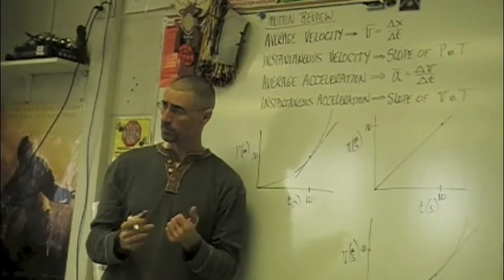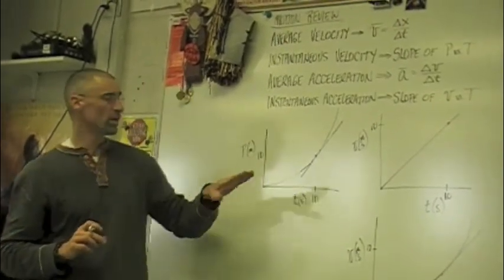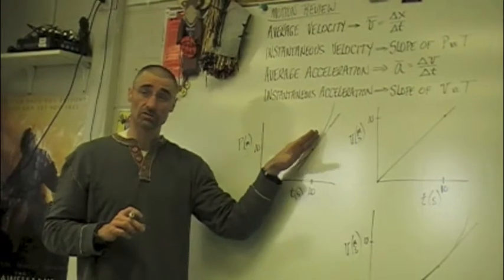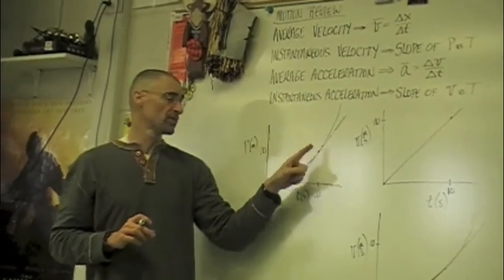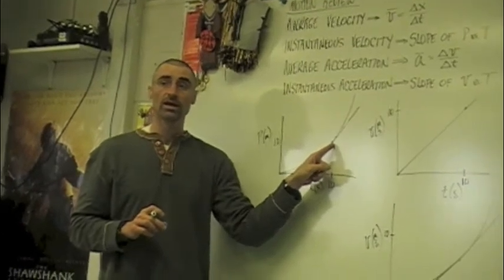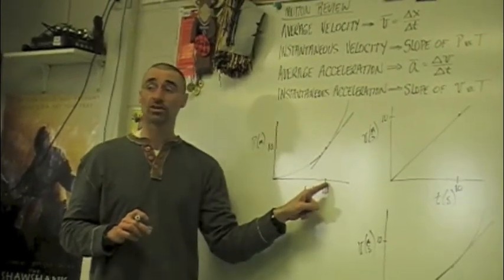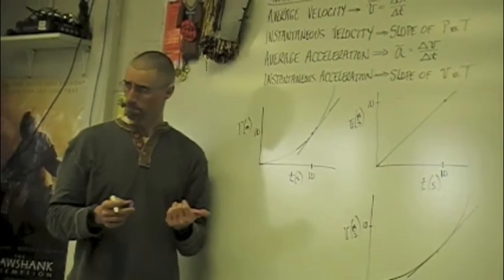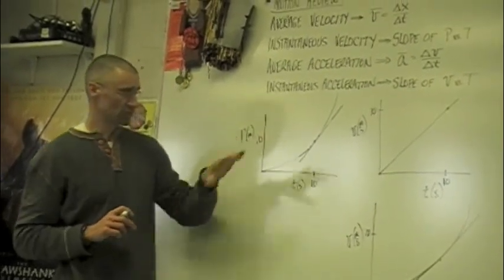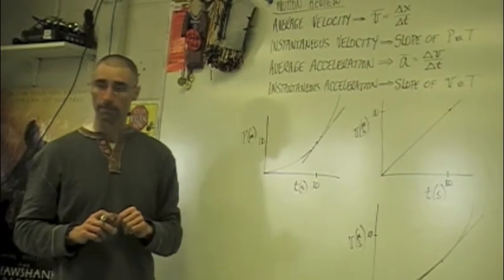Does that make sense? Okay? And to review, we know that the slope of the position versus time curve gives us our velocity. So if we can find the slope at that point in time, it would give us our instantaneous velocity at that point in time. Okay? That's just a review of the Motion 1 packet.